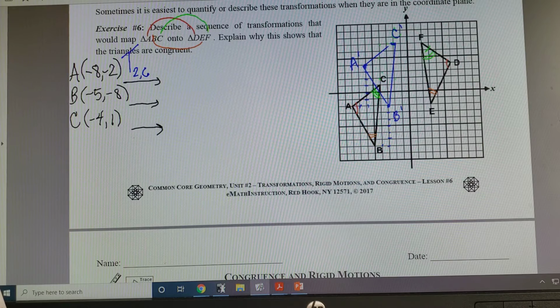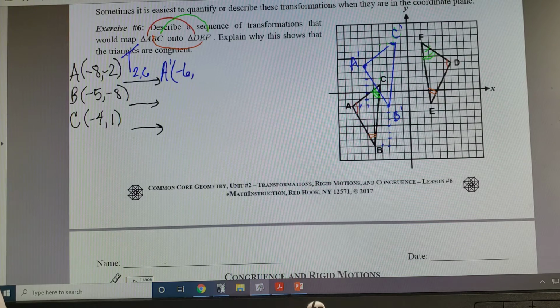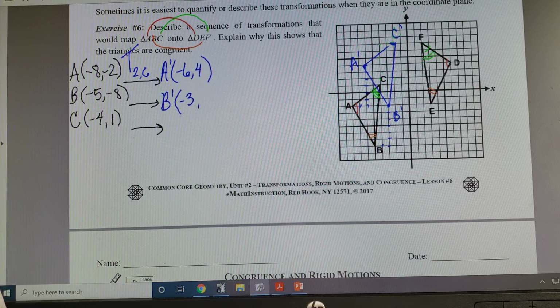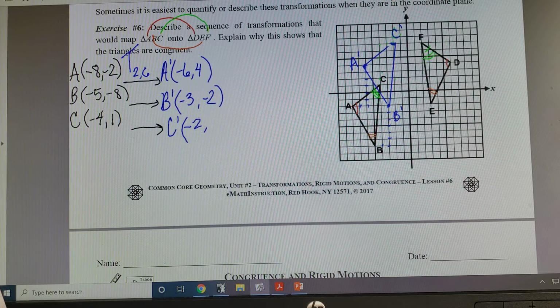And I'm going to write down my new coordinates. A is to the left 6, so -6, up 4. B is to the left 3, down 2, and C is to the left 2, up 7.